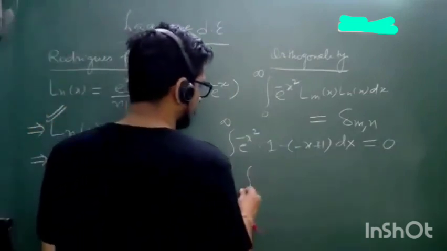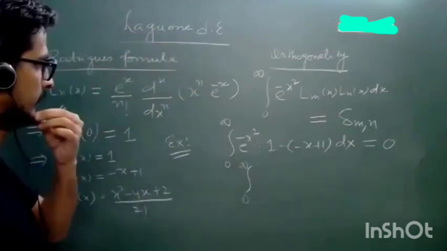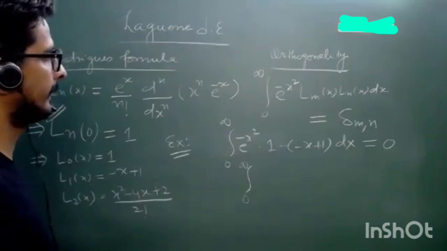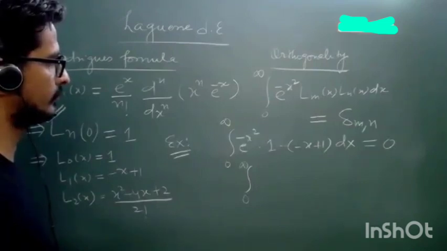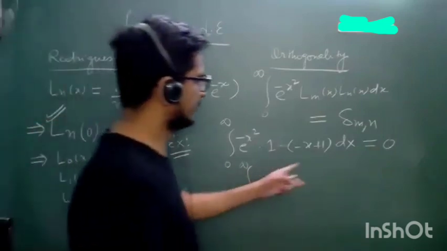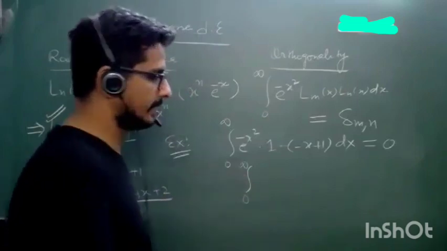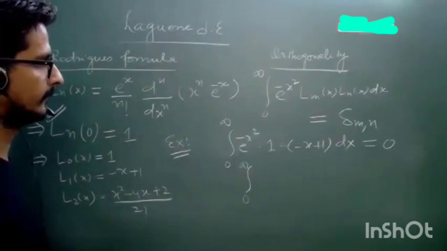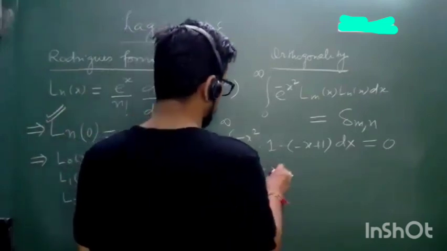And if they are the same, integral 0 to infinity, suppose I take both values equal to L0. So this is correct, that if m and n are different the value is 0, and if m and n are same, then what will happen? 1, e to the power minus x, integration e to the power minus x square. That is not equal to 1, na?